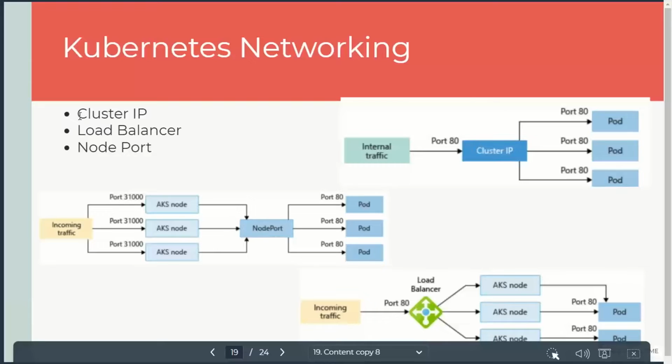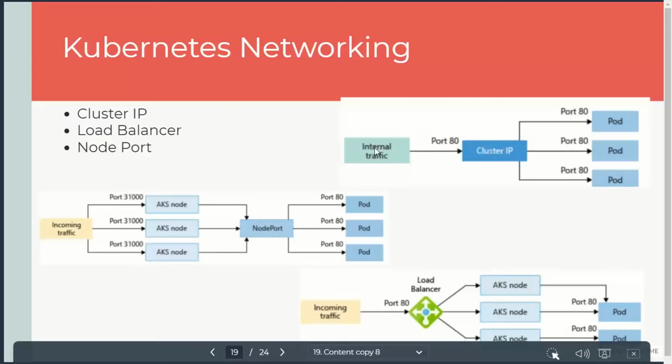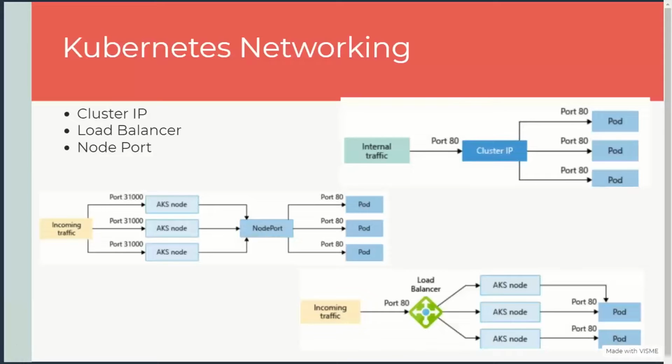If you are not providing any service type, you cannot access your web application outside. But within your cluster, your application can communicate, for example internal traffic, where multiple containers or pods can access a particular API.